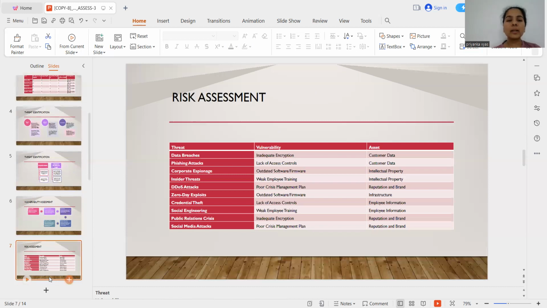Next, risk assessment is given, in that threats, vulnerability, and assets, as well as data breaches, phishing attacks, corporate espionage, insider threats, DDoS attacks, zero-day exploits, credential theft, social engineering, public relations crisis, and social media attacks are given.